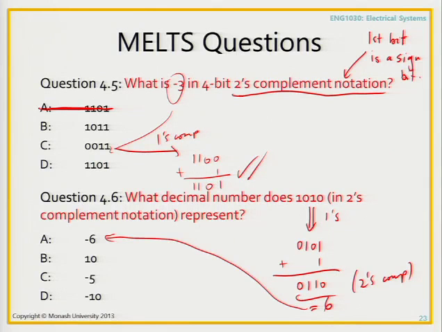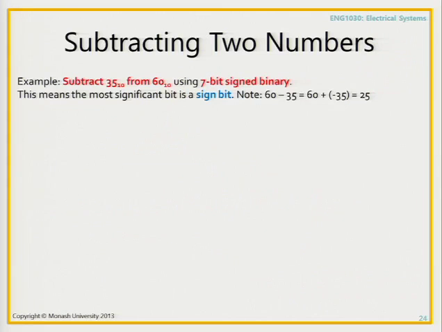Okay. Hopefully, if you're in this class, you'll have tried this question at least once, which is what we hope for. Okay, so then the process of subtraction becomes really easy. Let's say I wish to subtract 35 from 60 using 7-bit signed binary.